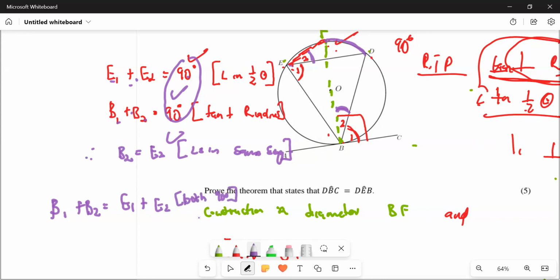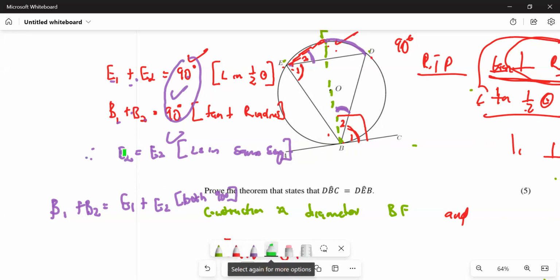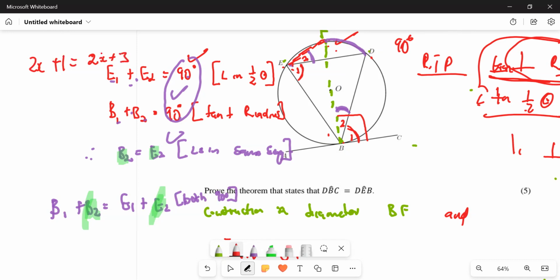But look at this. B2 is equal to E2 again. These two are equal, meaning they can cancel each other out. Remember in maths, if you have something like 2x plus 1 equal to 2x plus 2, you can say these 2x and these 2x cancel each other out.